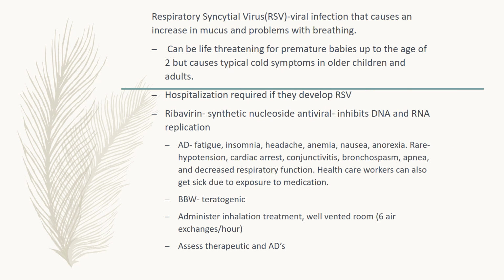Respiratory syncytial virus, RSV, is a virus causing a lot of respiratory problems, typically seen with children, with a lot of mucus and problems with breathing, and it can be life-threatening, especially for premature babies and children up to age 2.